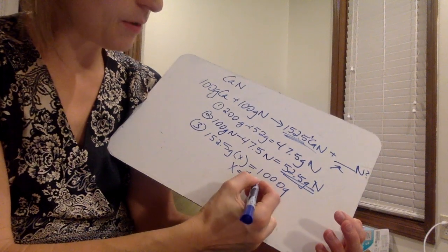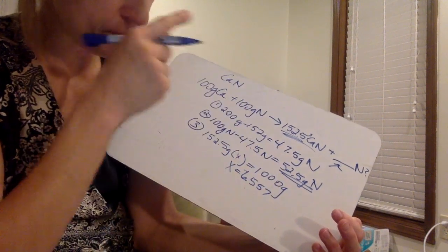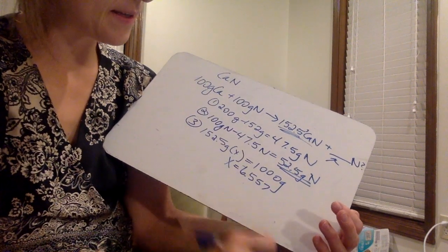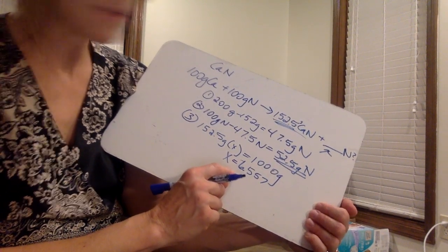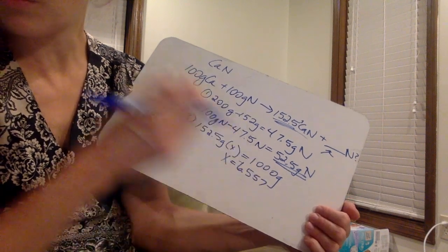Let's just keep it at 6.557, okay? Because the next number is a 3, so that would stay 7, just to keep some decimal places there. What would my significant figures be here? Let's see, it was 100.0.